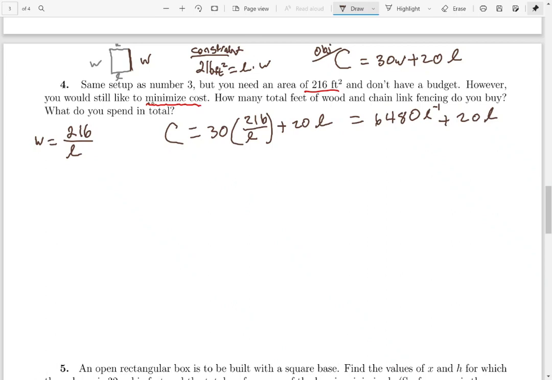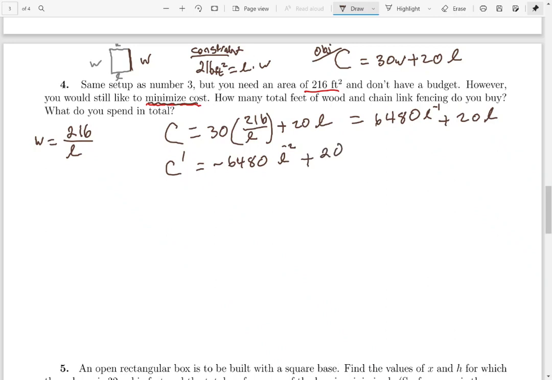And once again, since we're minimizing cost, I'm going to take the derivative of the cost function that I have here, which is then going to be equal to negative 6,480 times L to the negative second plus 20 times L. The derivative of that is just 20.